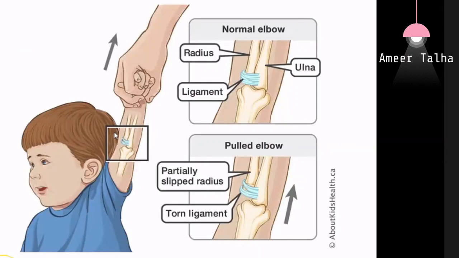What happens is that when younger children are pulled up or lifted by holding their hands, the annular ligament is not very well developed, and in addition the ossification of bone is going on, so the head and neck region of the radius is not fully developed. It is smaller in size compared to the adult structure, so it can easily slip out of the annular ligament, and that is called pulled elbow.